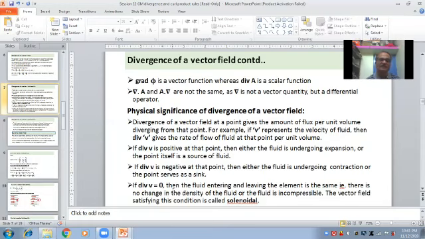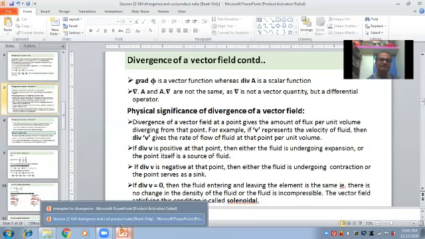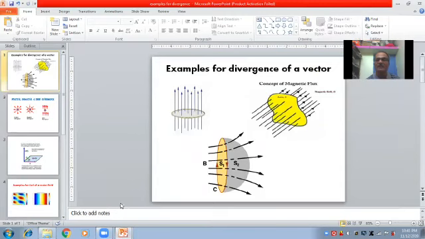For this also I can show the same diagram. These are the best examples to show the divergence. This can be a flux, or this can be a fluid, anything which is coming out from some volume. That shows that it is divergent.